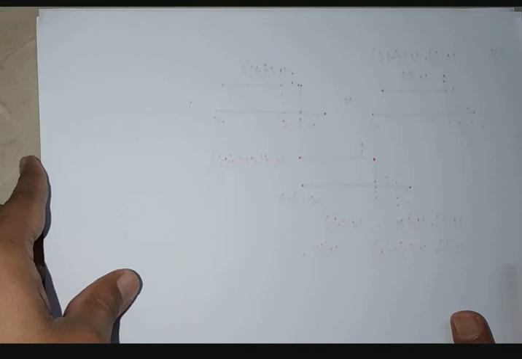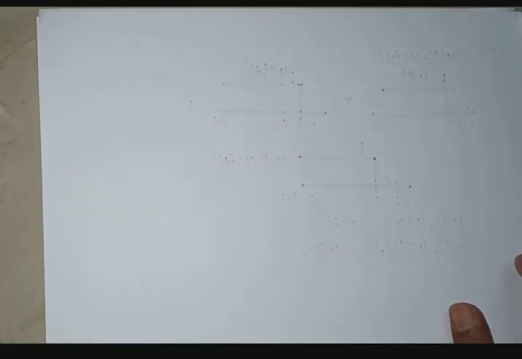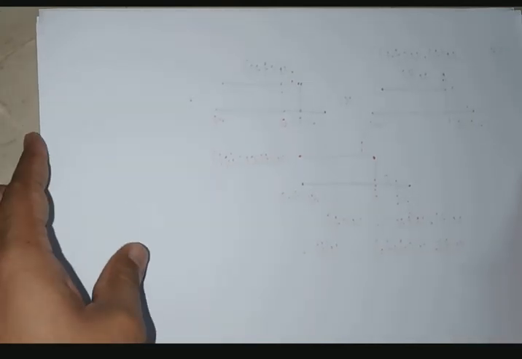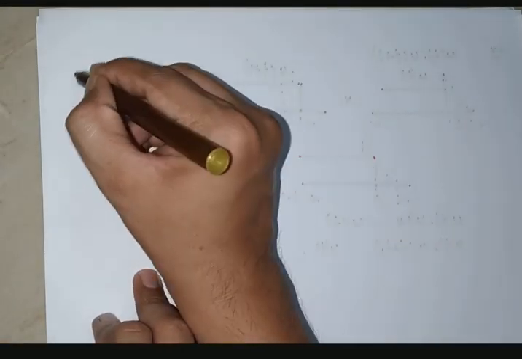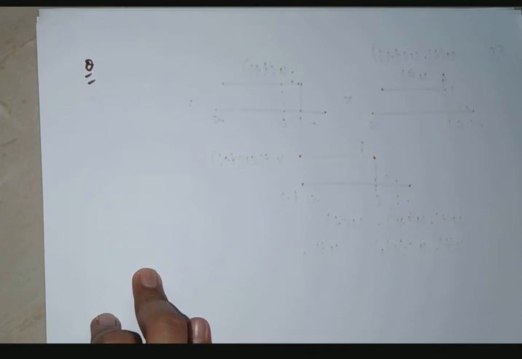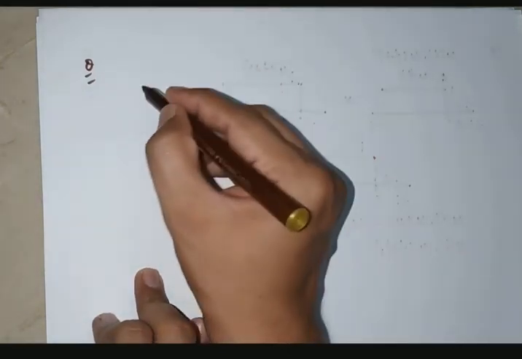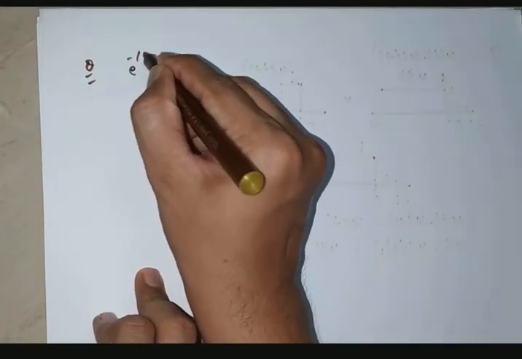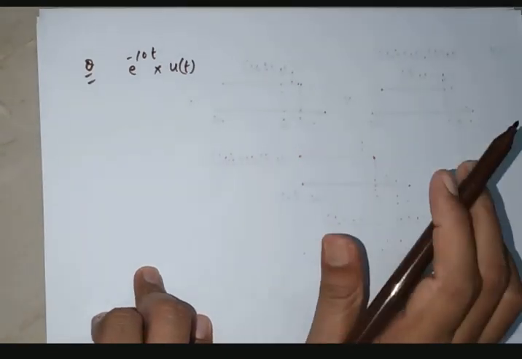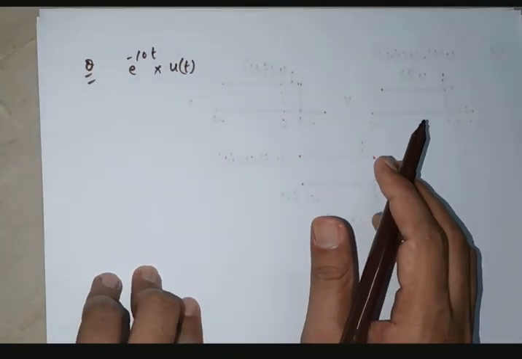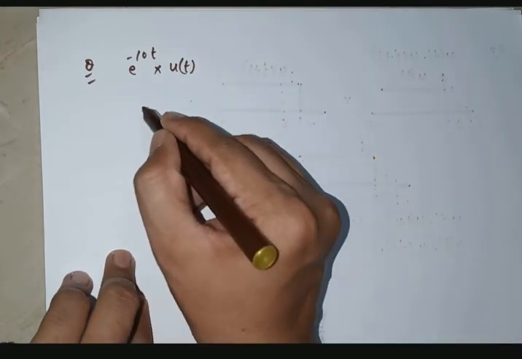Now take another example. Now solve this question: e^(-10t) multiply u(t). Simple, do the plot. How will we do this plot? Okay, again same.